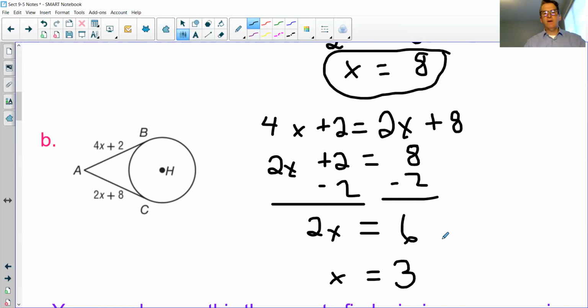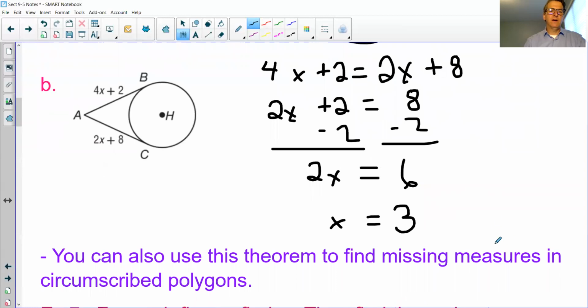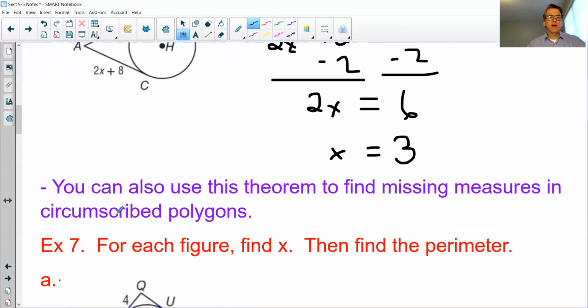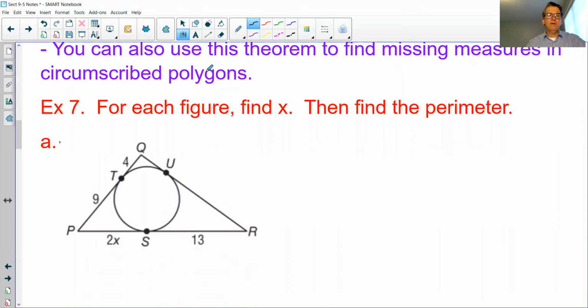You might also have questions like the last section here. Example 7 says you can use the theorem to find missing measures in circumscribed polygons. So let's get started on this one and finish up here. We've got ourselves a circle that is circumscribed.